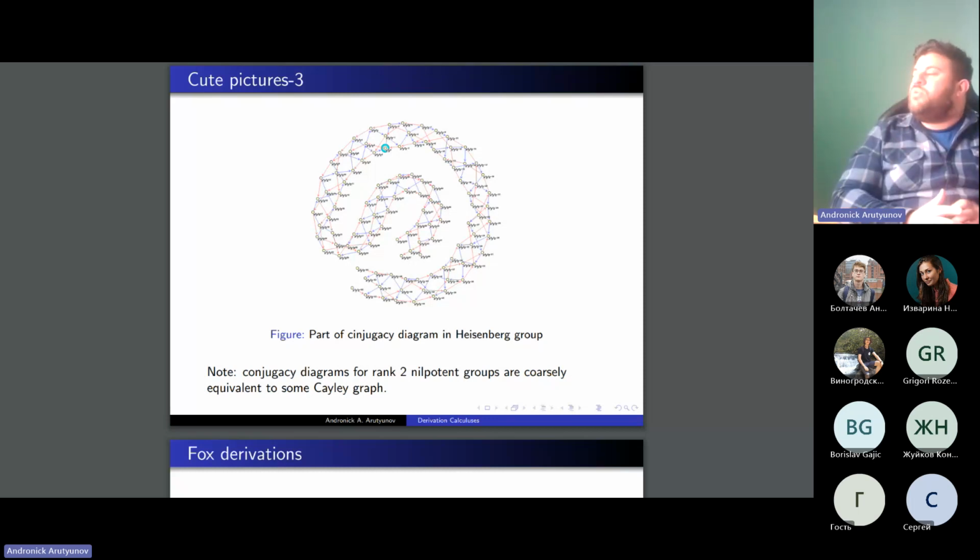Also, I would like to mention that if you take not the classical group algebra with integer or complex coefficients, but coefficients in some finite ring, then you can also work with conjugacy diagrams.